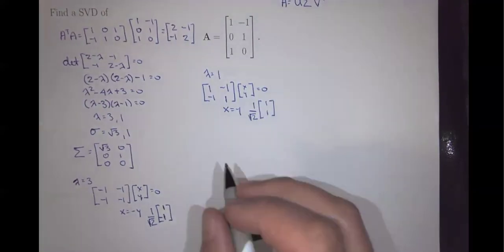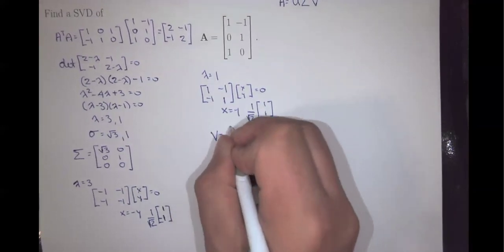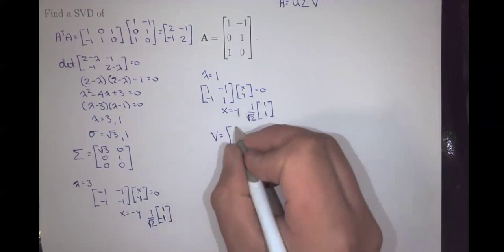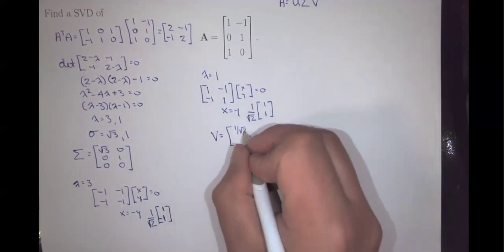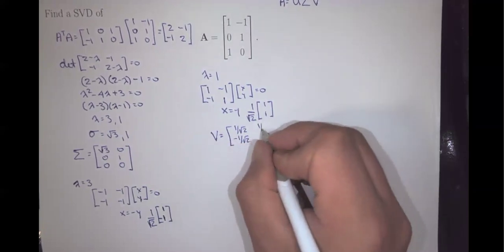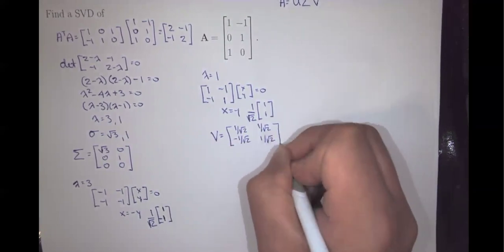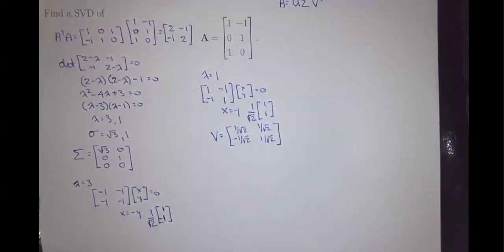So this gives us our matrix V: 1 over root 2, negative 1 over root 2, 1 over root 2, 1 over root 2.